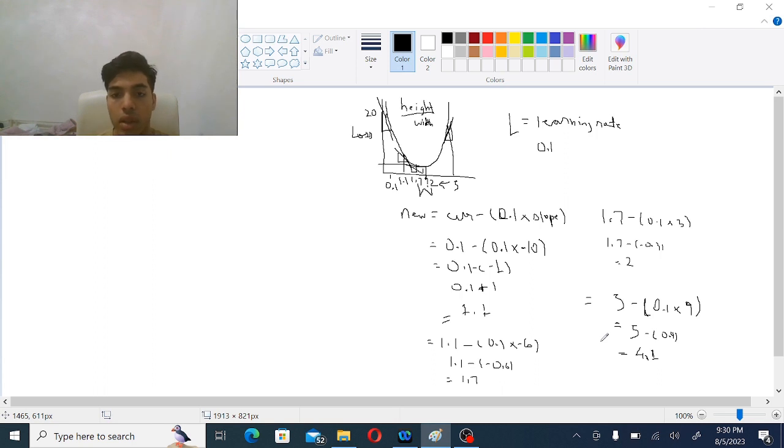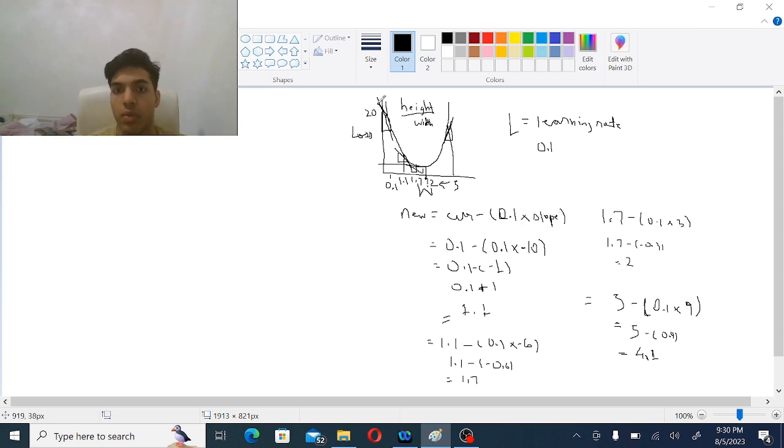Alright. Another thing I want to point out about gradient descent is that when we're far away from the optimal point, like for example over here, we need to take large steps. And when we are close to the optimal point, we need to take small steps. And this is achieved with the help of this formula because of the slope.